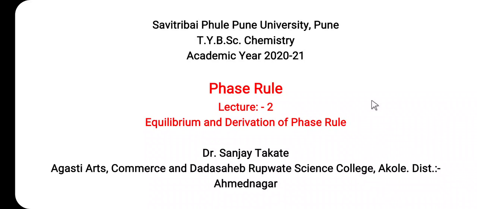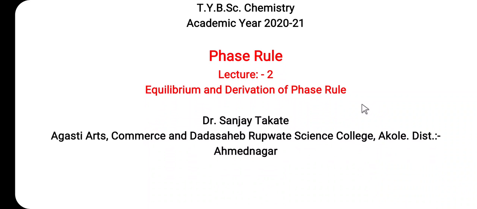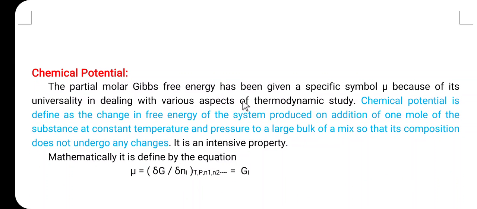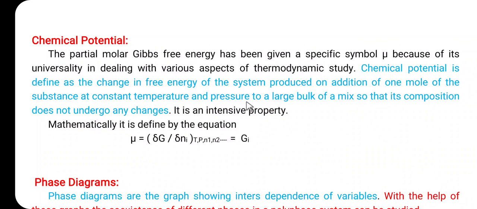So in this lecture, we are going to discuss the equilibrium, types of equilibrium, then chemical potential, and derivation of the phase rule. First of all, we are going to discuss the term chemical potential.